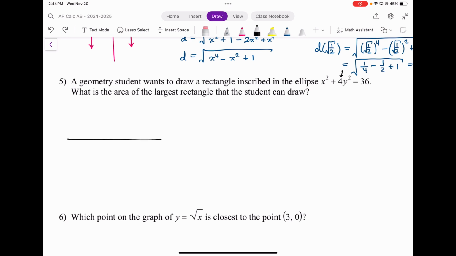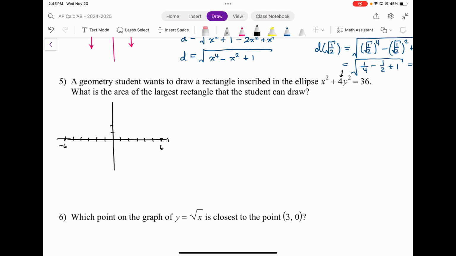We can actually say exactly how wide and how tall it is. So it's going to go all the way out to -6 and +6 here.